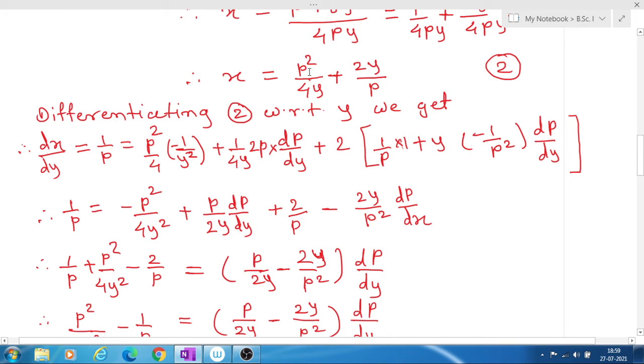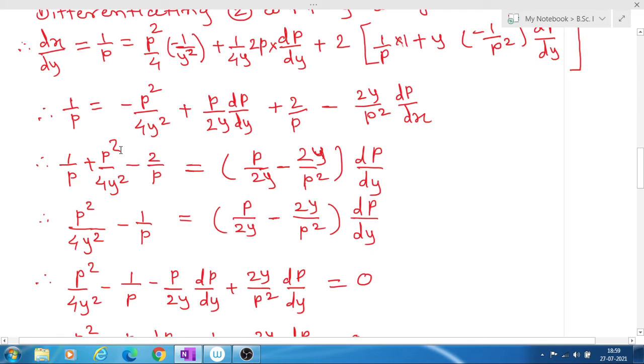So p square upon 4 is one term and 1 upon y is another term. So taking derivative of this using the product formula, and here also for 2y upon p, we can use the product formula for 2y into 1 upon p and take the derivative.